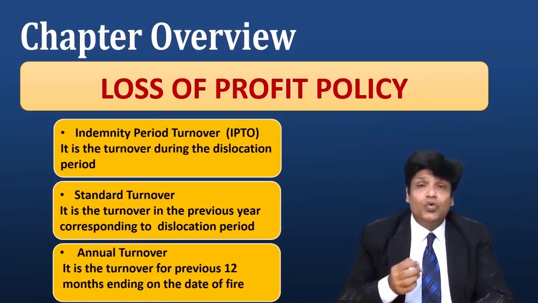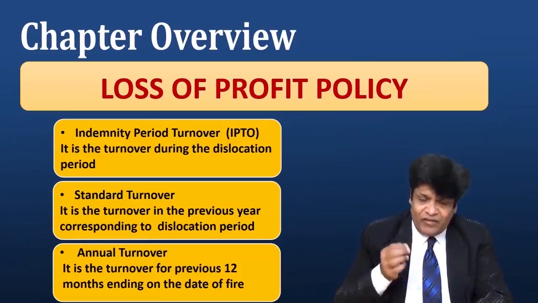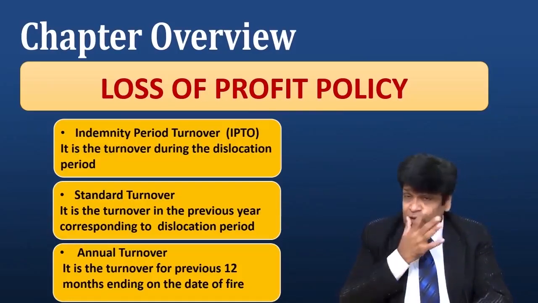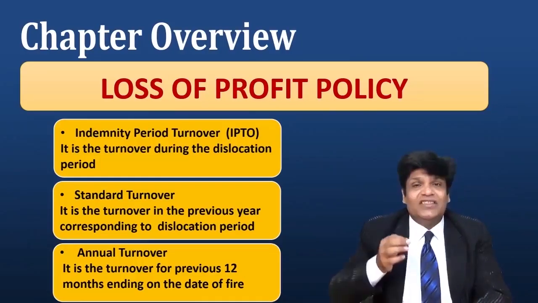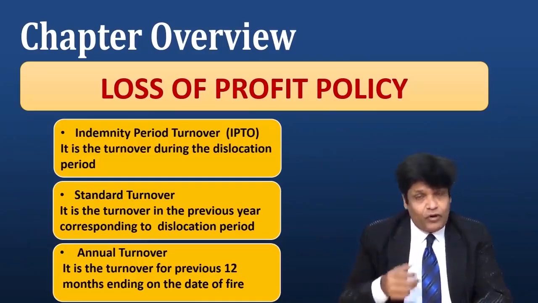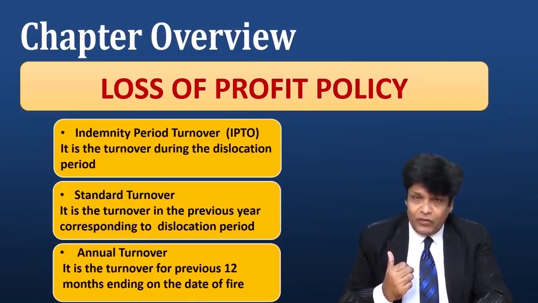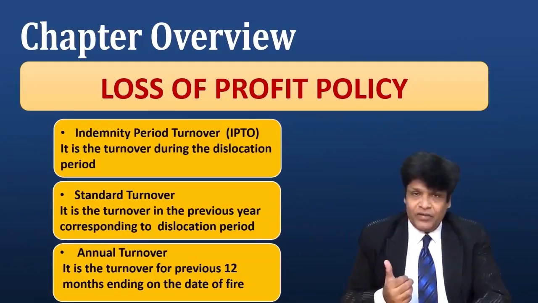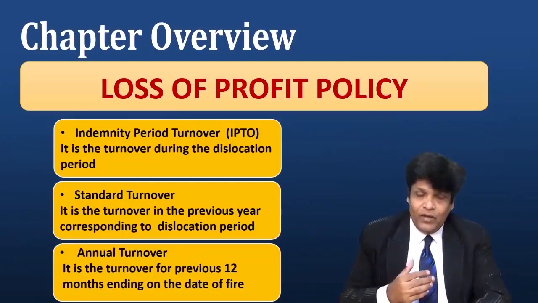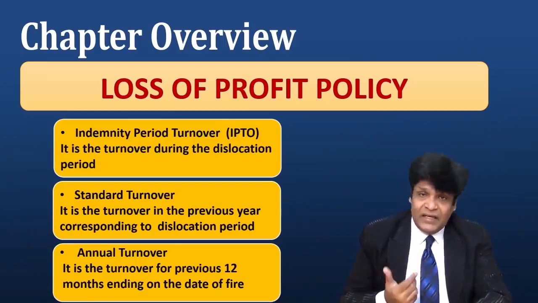If the fire has taken place on 6th August 2018, we will start from 6th August 2017, and it will be till 5th August 2018, till yesterday. So if fire has taken place today, we have to take the sales till yesterday.